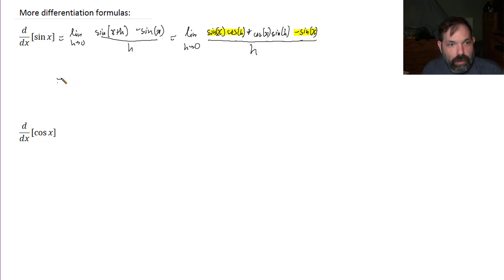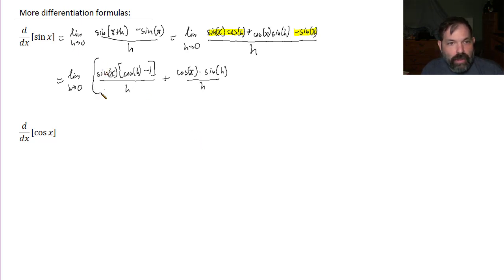So then this becomes the limit with h approaching 0. I have sine x times cosine h minus 1 over h, and then I have this other term, plus cosine x times sine h over h.